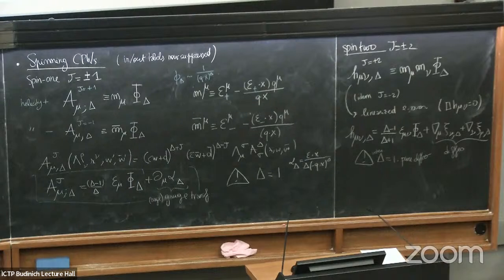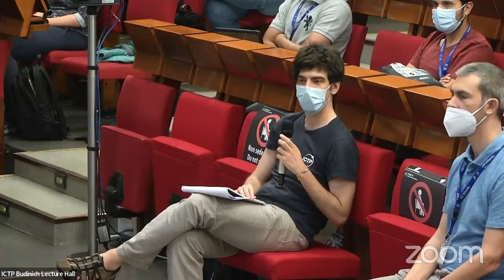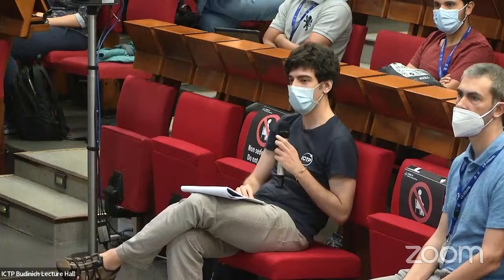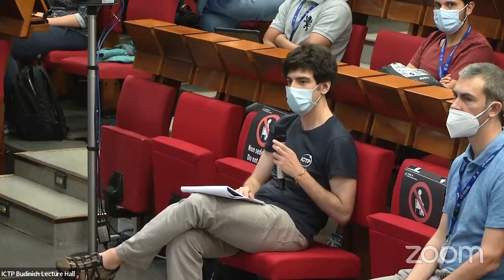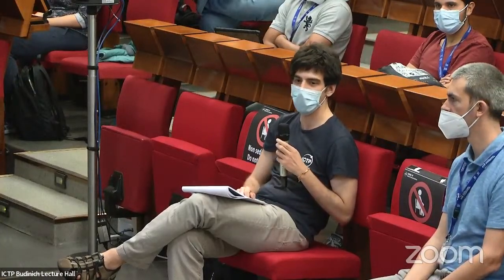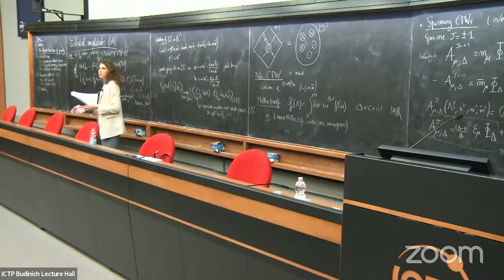Delta equal 2, I think, is the super rotation, the Virasoro thing. And then I will mention this shadow transform, which exchanges delta with 2 minus delta. So delta equal 2 and delta equal 0 are related by a shadow transform. Okay, thanks. I will define what a shadow transform is tomorrow.